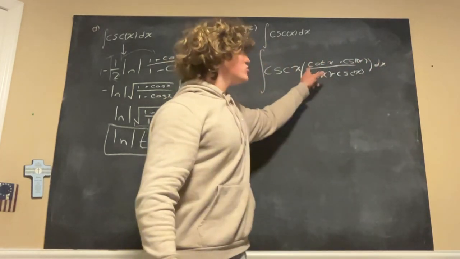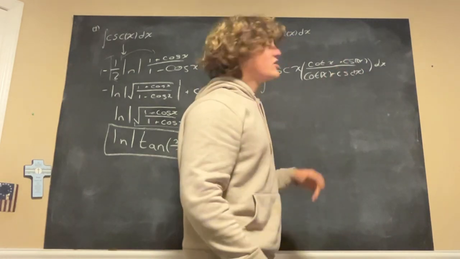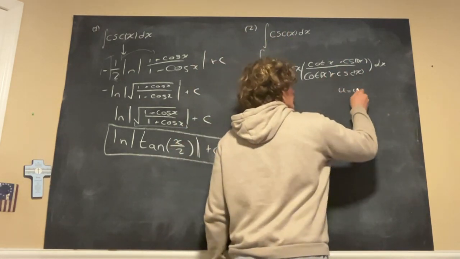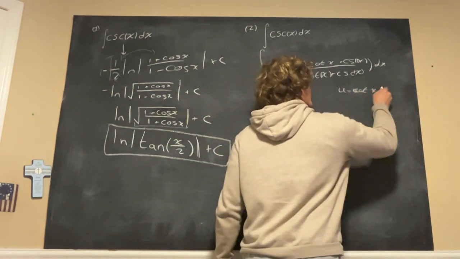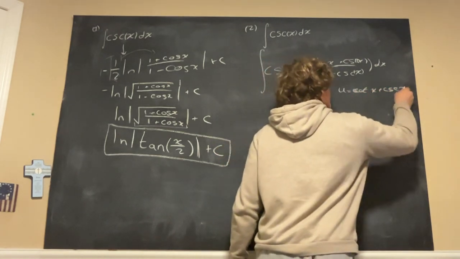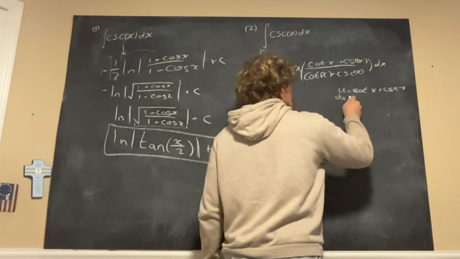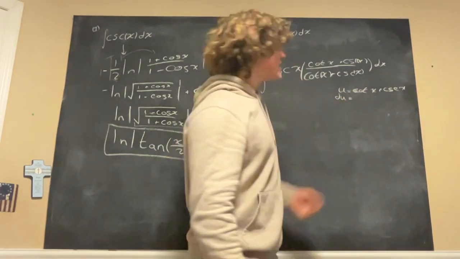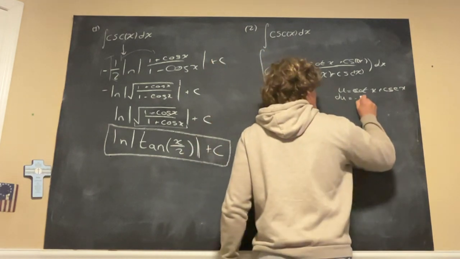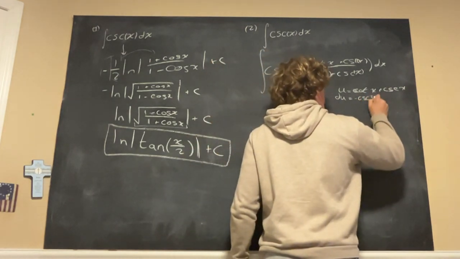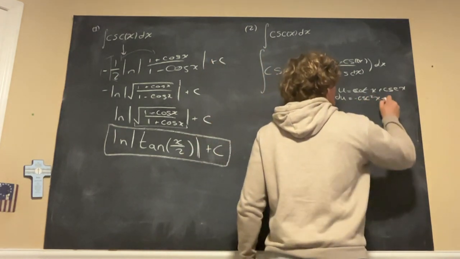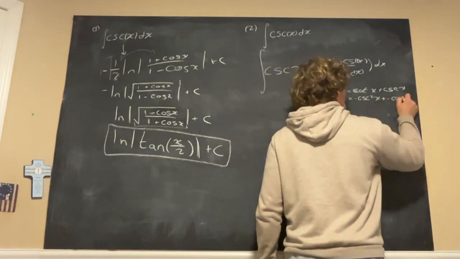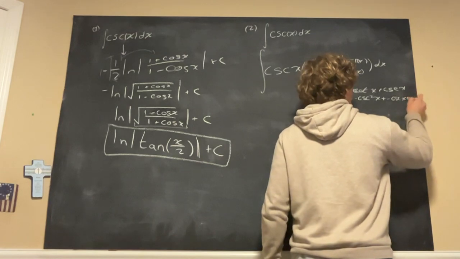Now we are going to set u equal to cotangent x plus cscx. Now du is equal to the derivative of cotangent x, which is just negative csc squared x, then the derivative of cscx is negative cscx times cotangent x.